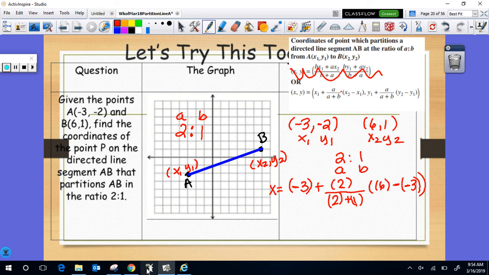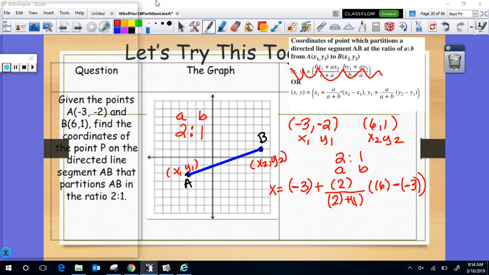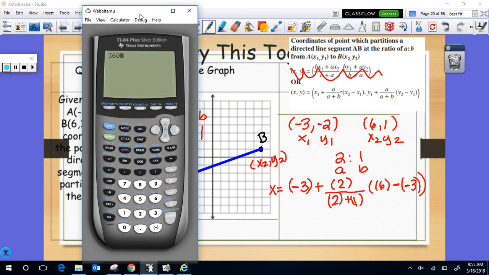So let's go ahead and calculate the x. You can grab your calculator. And we're going to type in exactly what we see.